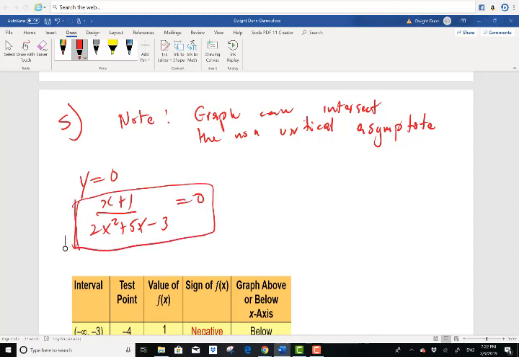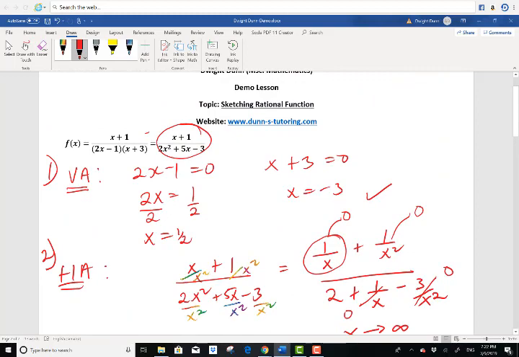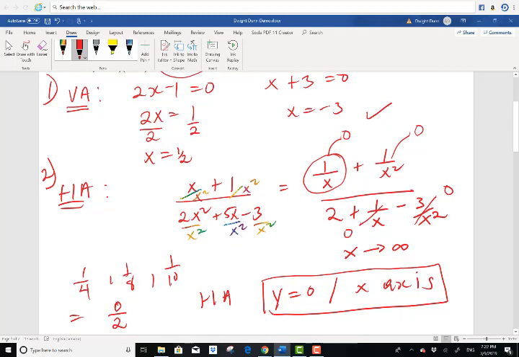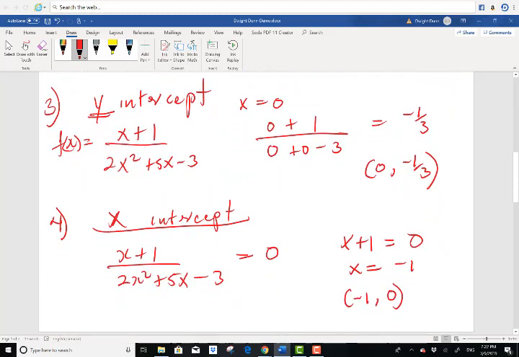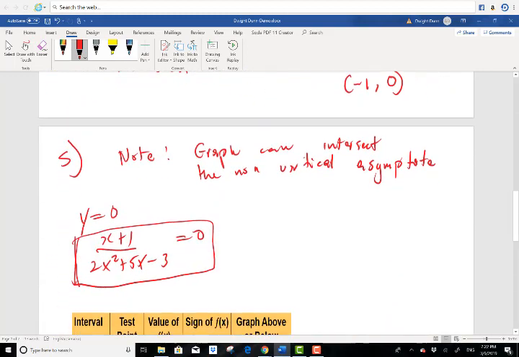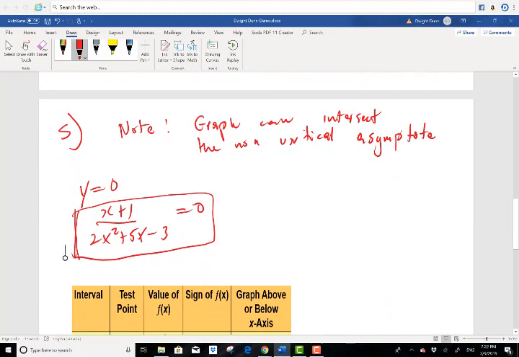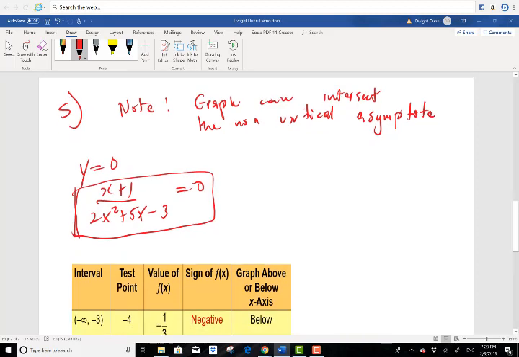So let's do a quick review again. We identify the vertical asymptote, the horizontal asymptote, the y-intercept, and the x-intercept, right? We then realize that the graph intersects the horizontal asymptote right here if we figure out where the graph intersects the non-vertical asymptote.